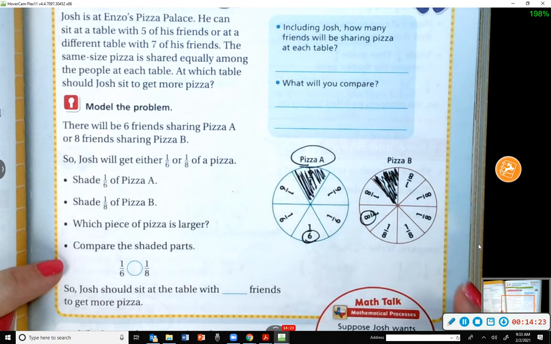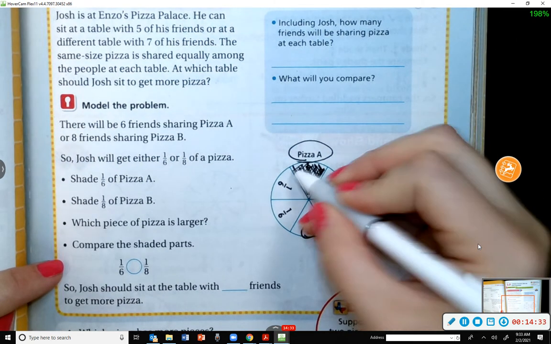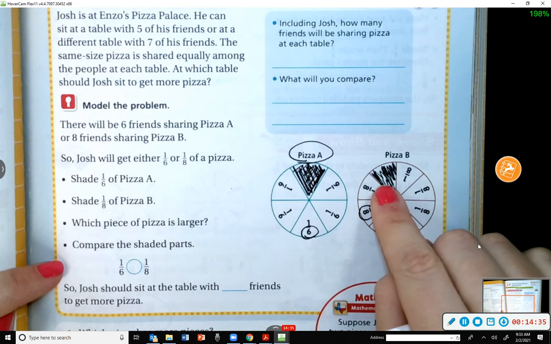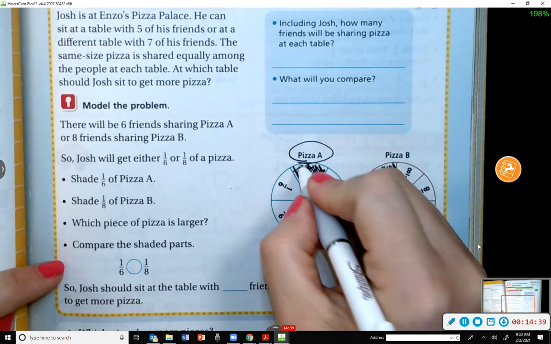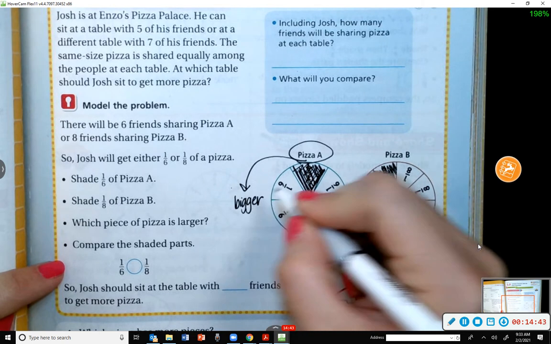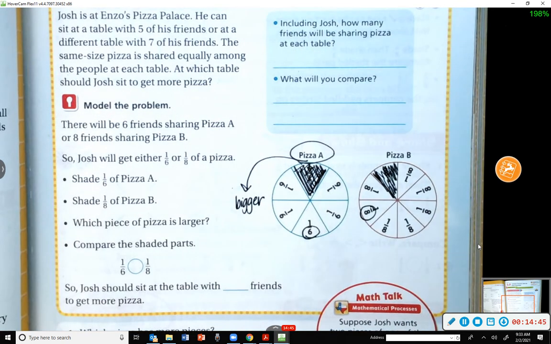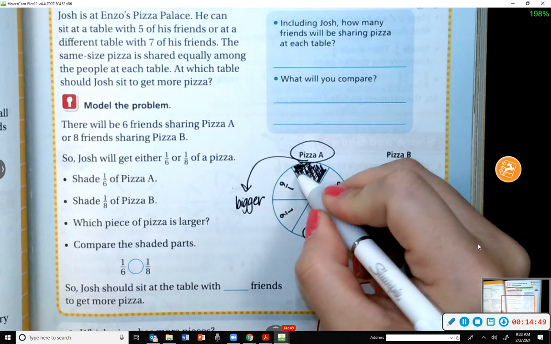So which piece is bigger, 1/6 or 1/8? 1/6 is bigger. If you look at the shaded part, does that look like a little bit more is shaded than right here? Yes, okay. So we need to label this as being bigger. Go ahead and label it because that's going to help us, because sometimes it's confusing. We've got too much in our brains to remember.